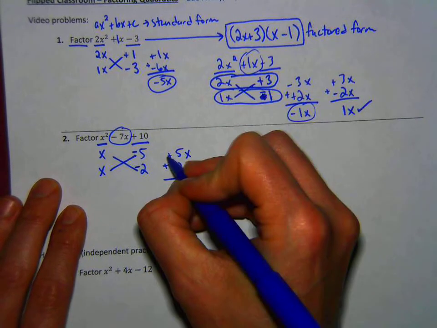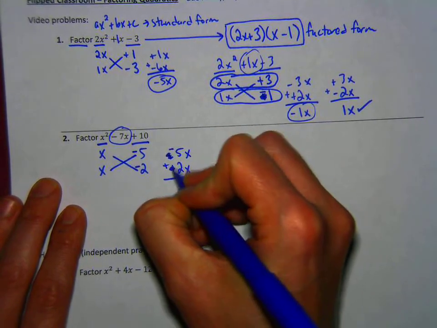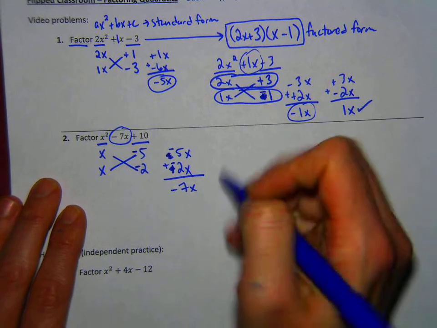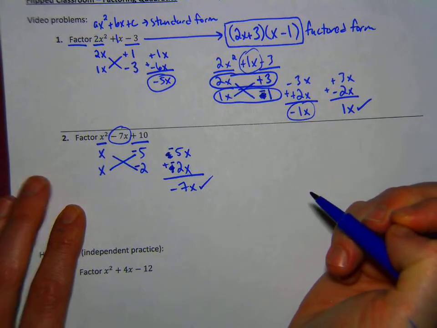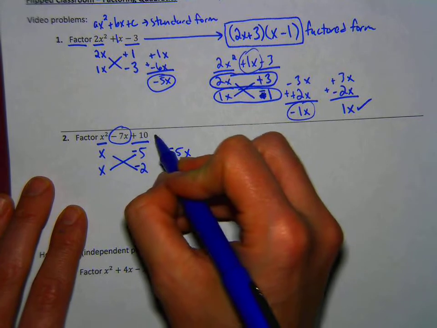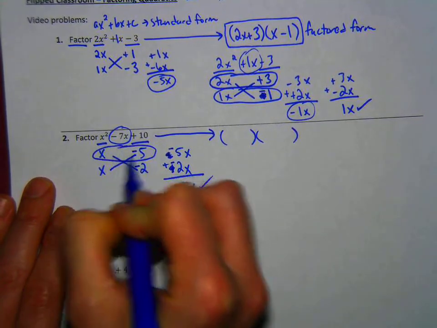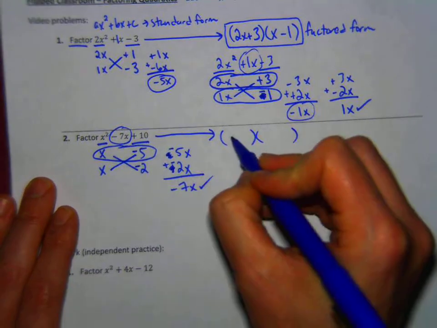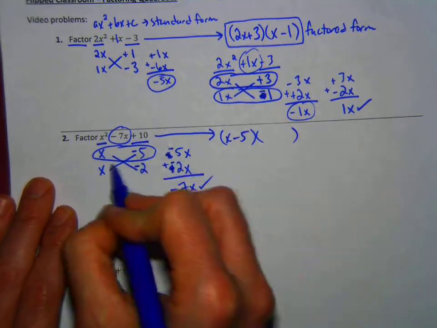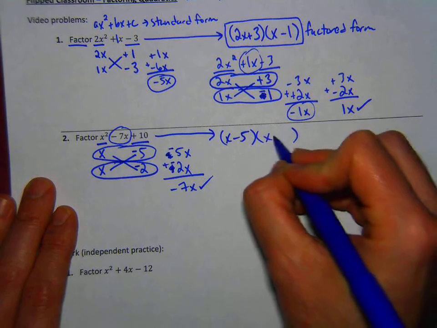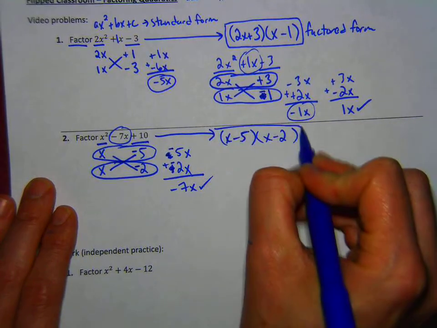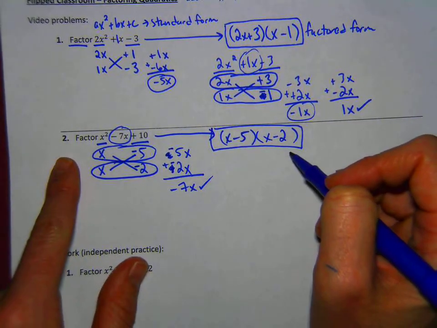Multiply again, that's going to give me a negative 5x, and when I add those together, I get a negative 7x, which is what I wanted. But you're not done. I get my factors from going straight across my work. So x minus 5 is one of my factors, and x minus 2 is another one of my factors. This would be factored form for number 2.